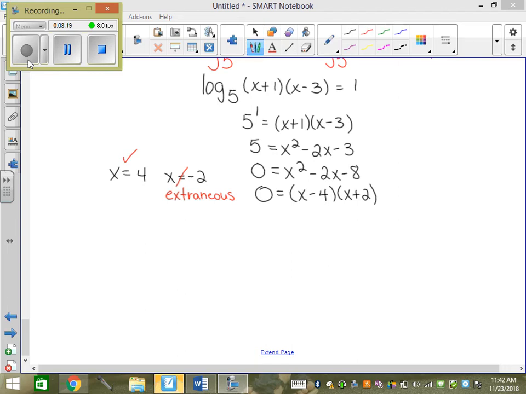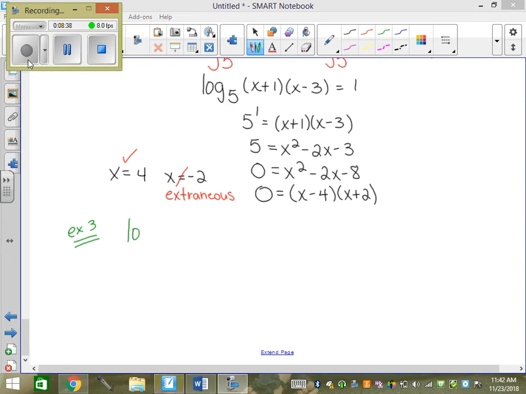Okay. Let's try this one. What if I give you this? So both of the ones that we just did had logs and a number, correct? Got the logs together, equal to the number, converted to exponential. What happens if they're all logs, though?